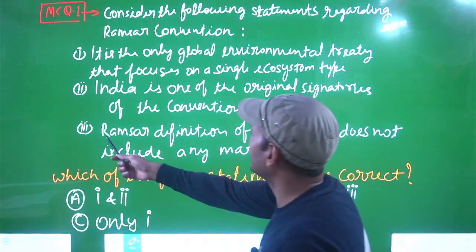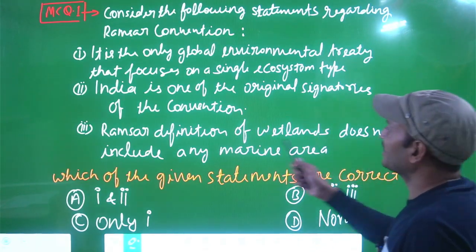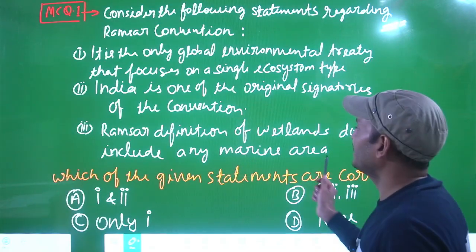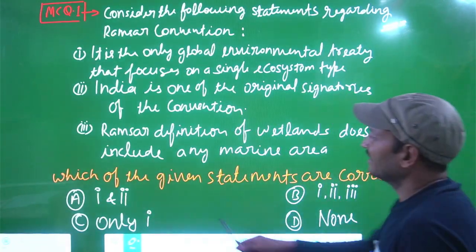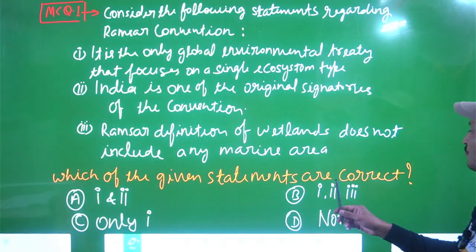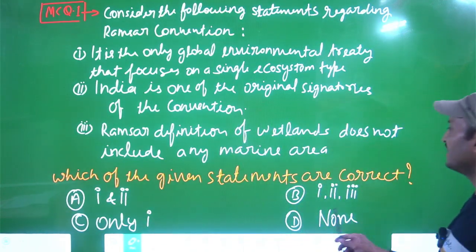The third statement says, the Ramsar definition of wetlands does not include any marine area. Now, which of the given statements are correct? Option A says 1 and 2, B says 1, 2 and 3, C says only 1, D says none.